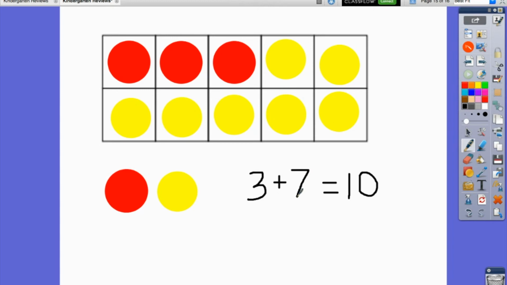Does 3 and 7 make 10? That's right, it does. I have 3 red counters, I have 7 yellow counters, and I can see that my 10 frame is filled in, which means 3 and 7 make 10.